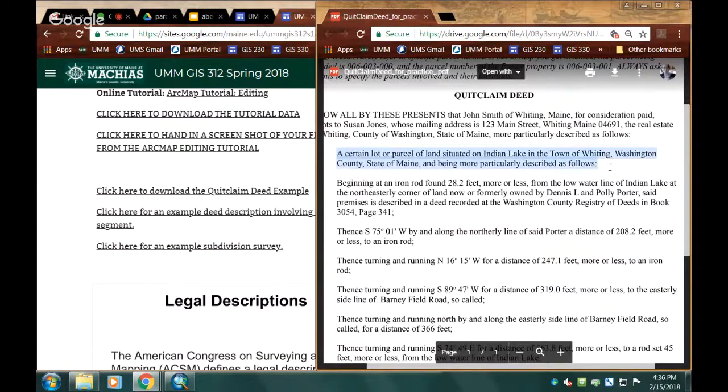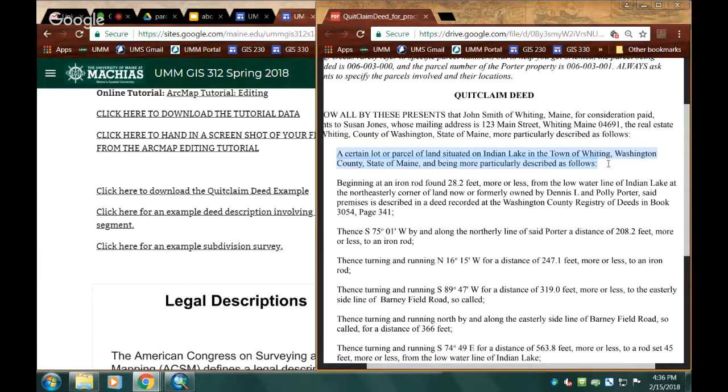So a certain lot, notice too that they almost never actually, which is a little frustrating for me, they often don't include the map and lot number of the parcel for the town.